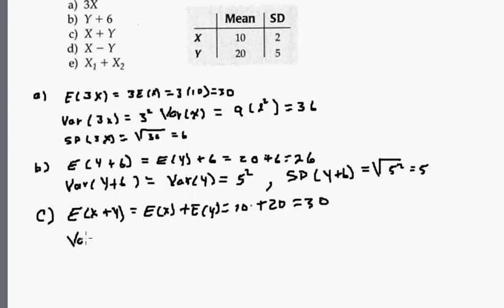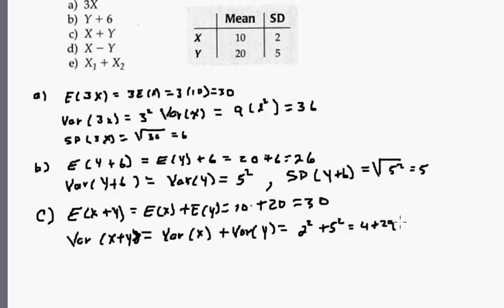Now the variance of x plus y is equal to the variance of x plus the variance of y. So that's going to be 2 squared plus 5 squared. So that's 4 plus 25. So that's 29, if I did my math right.